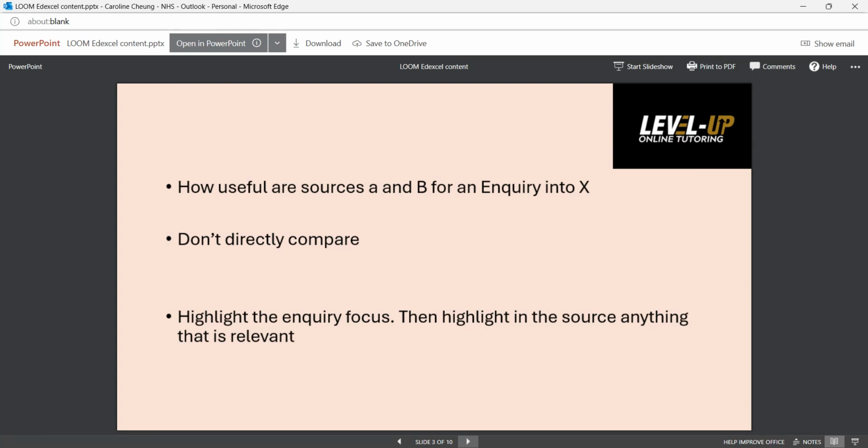So there will be potentially lines of that source that aren't relevant to this question. There's a danger that you then start to use those, you quote them, you refer to them. That's not what the question is. So just make sure you are really focusing in on what that inquiry is.